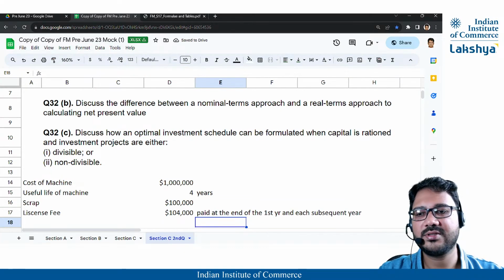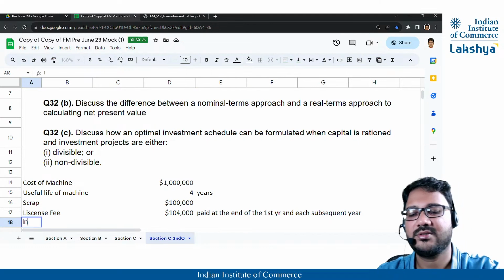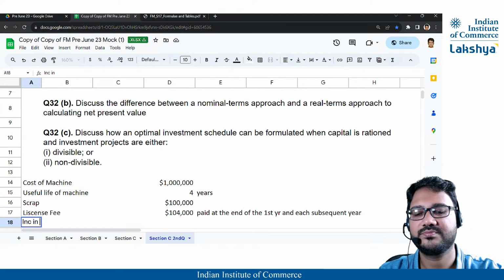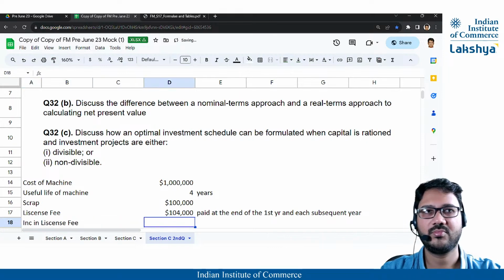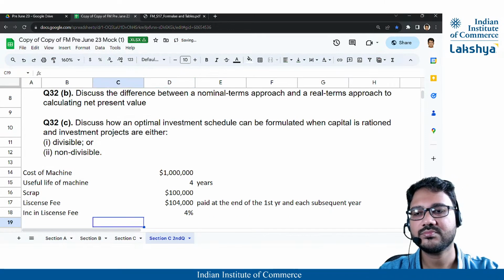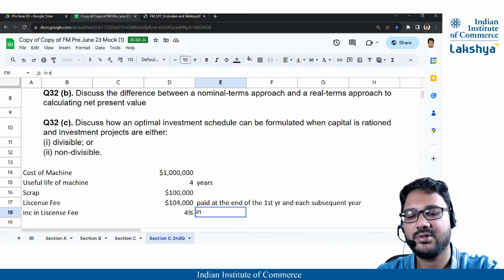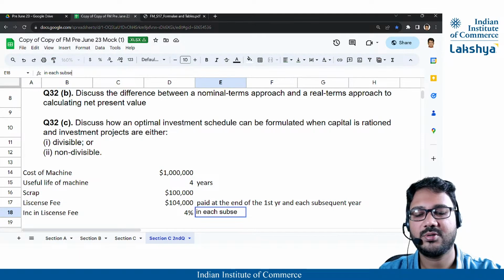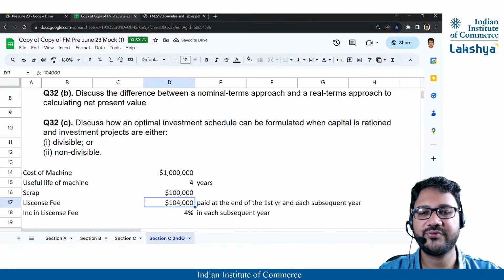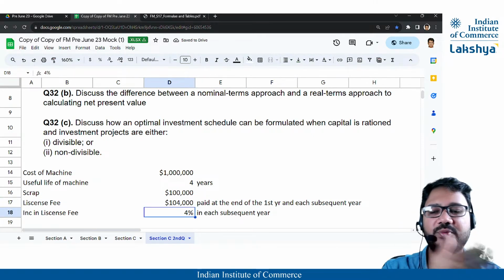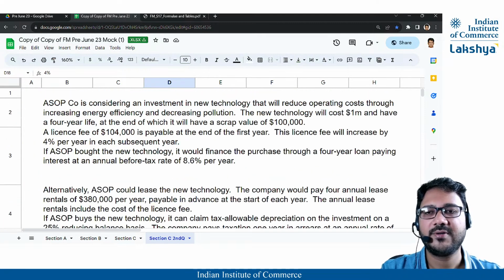And the increase in license fee is 4%, which is in each subsequent year. That means that first year it's going to be 104, and after that it's going to increase 4% every year.